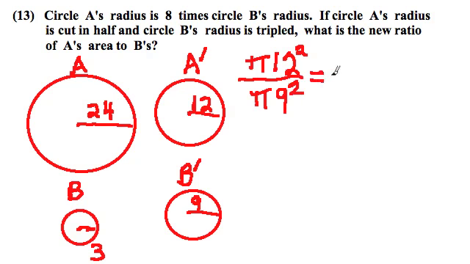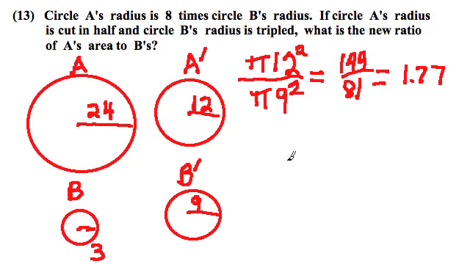So the pi's are going to cancel out, and you get 144 to 81, which is 1.77 repeating. If you gridded it into 4 squares, 1.77 would be an acceptable answer. If you rounded it to 4 places, 1.78 would also be correct.